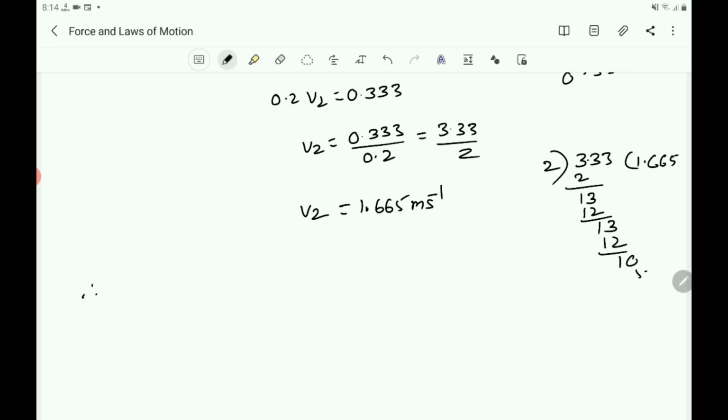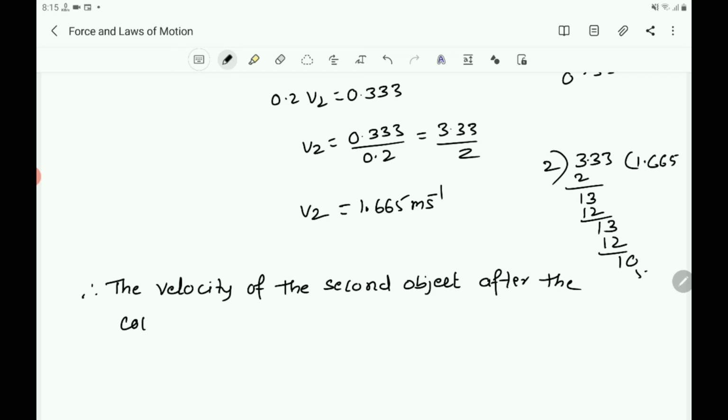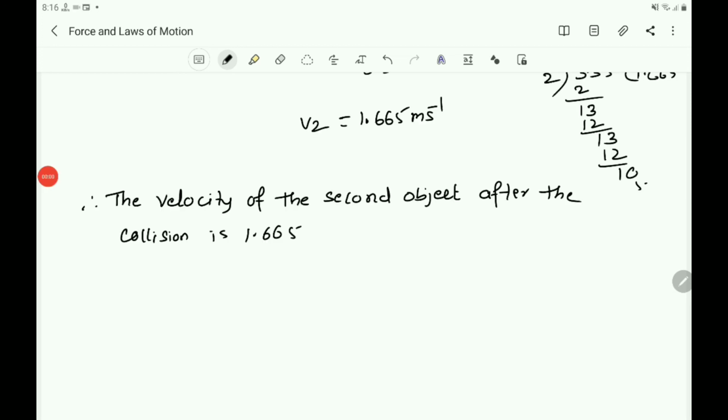Therefore, the velocity of the second object after the collision is 1.665 ms⁻¹.